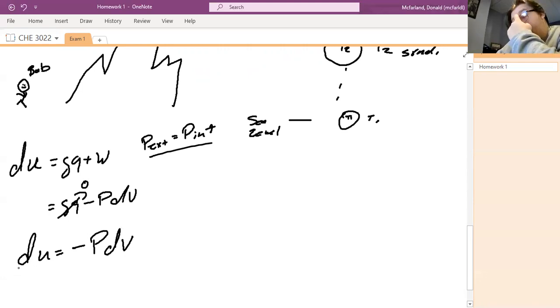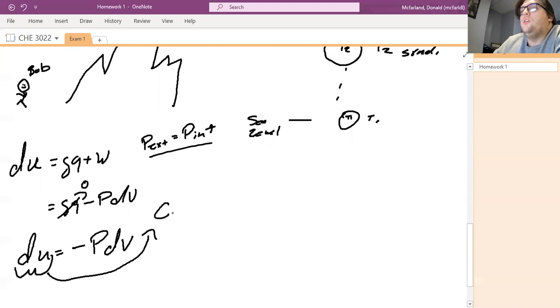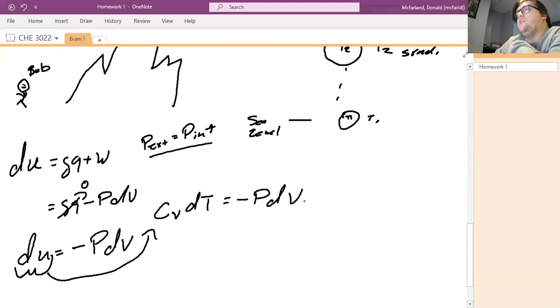To input temperature, we are going to take this dU and switch it around to the specific heat capacity at constant volume multiplied by the change in temperature. That gets us our change in internal energy, which will be equal to negative P dV. Notice we have temperature now.